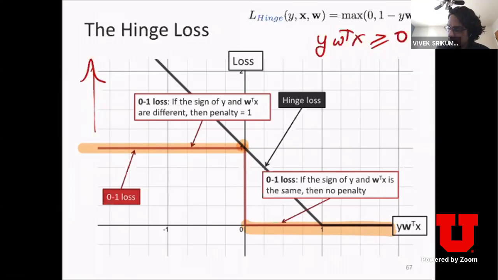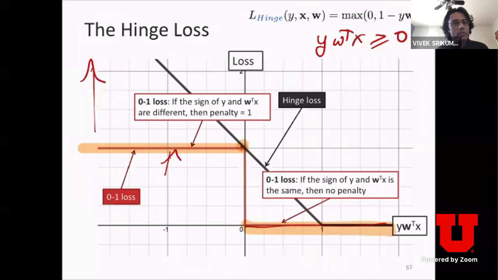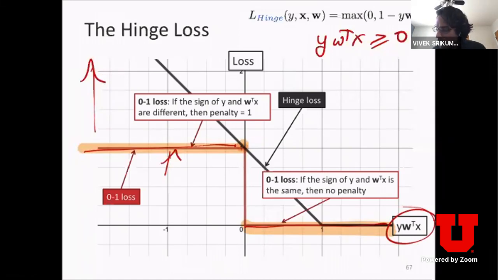So the 0-1 loss is this step function that steps down at 0 to become 0 here, and then it becomes 1 whenever y w transpose x is negative. In an ideal world, if you want to minimize the number of errors that a classifier makes, the right thing to minimize is exactly this step function, because I want to find a set of weights that puts all the examples on this side.